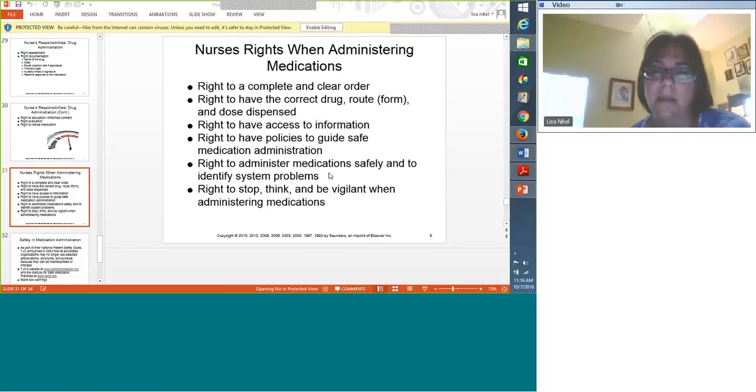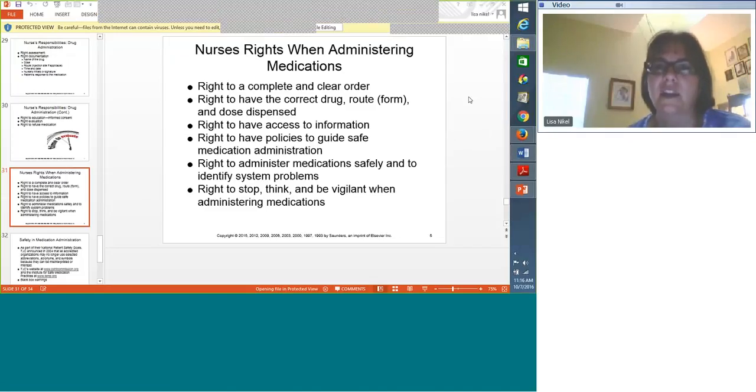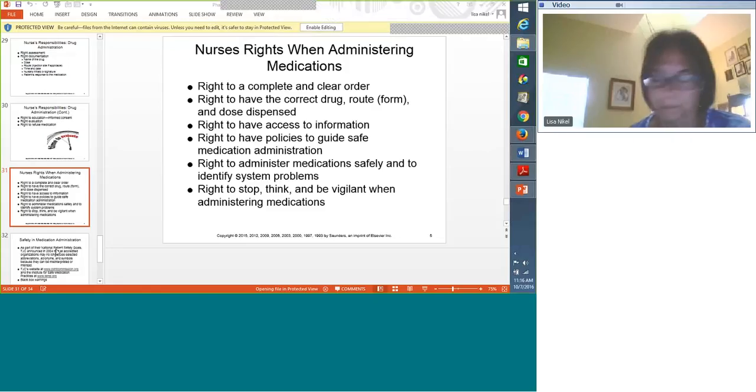The right to stop, think, and be vigilant when administering meds. You are the client's last line of defense before that pill goes in their body, so this is serious stuff. Even if the doctor ordered it and there was an error in the order, if you gave the drug, you are liable because you are the one that administered the medication.